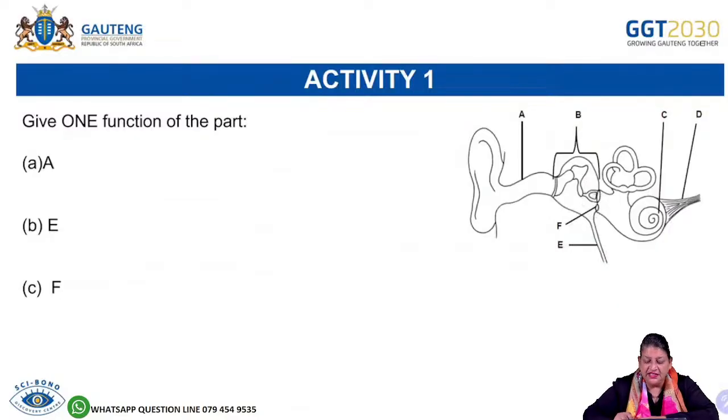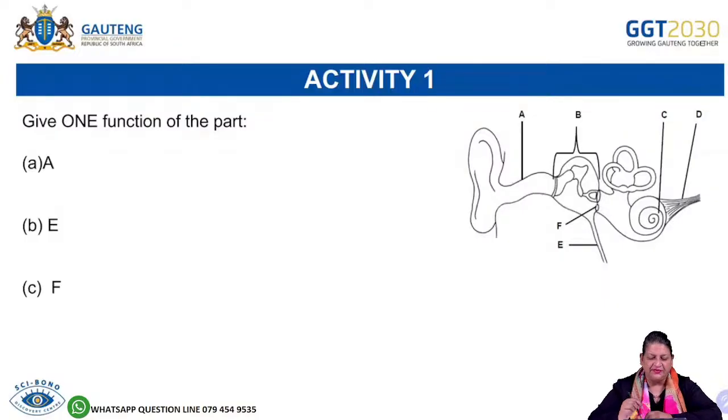E maintains equal pressure on either side of the eardrum. Pressure on this side and pressure on that side, right? So this is the eustachian tube, by allowing air to move in and out. So what is E? E for eustachian tube. And what is F? That is the oval window, and that is the round window.